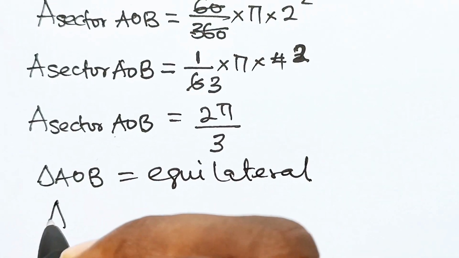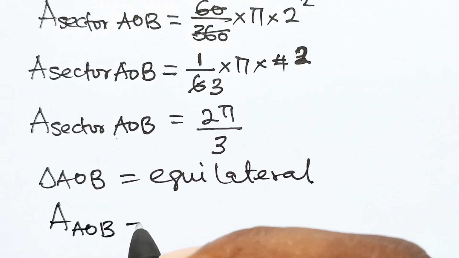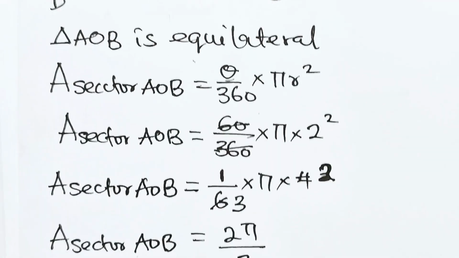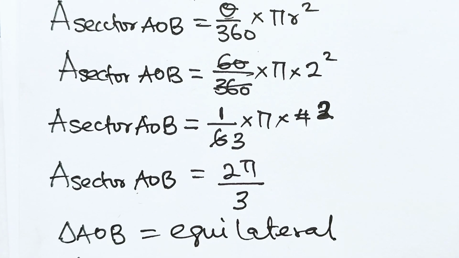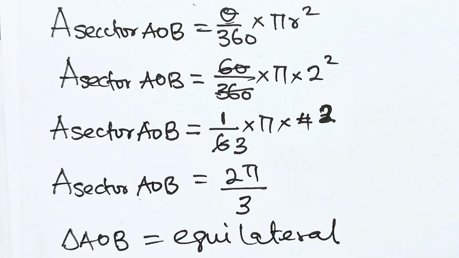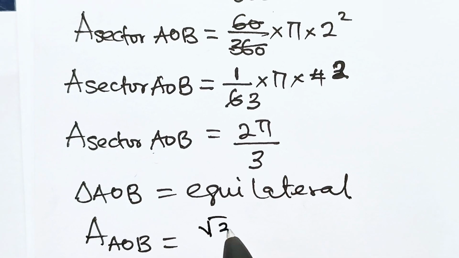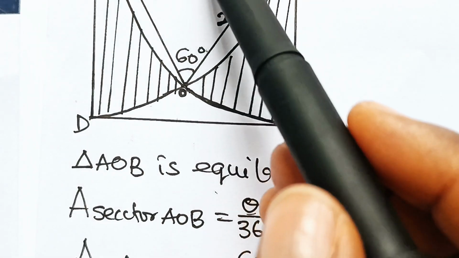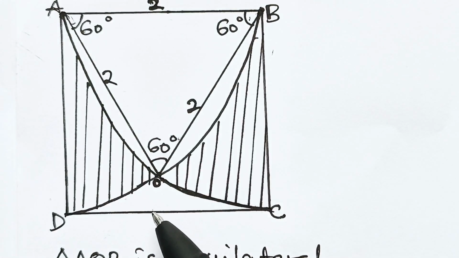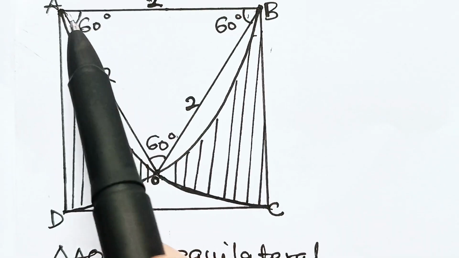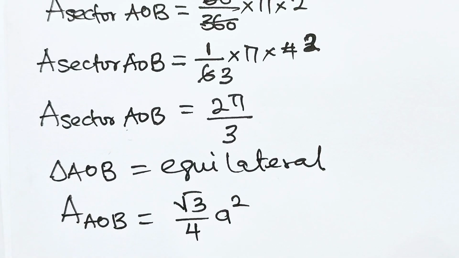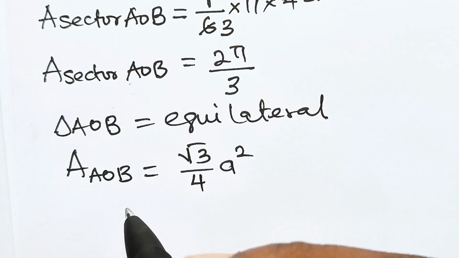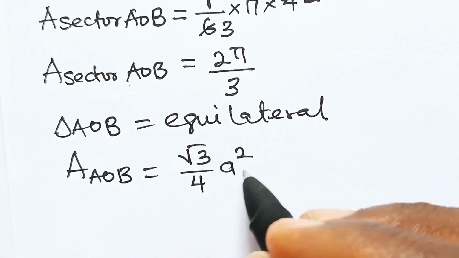Therefore, area of triangle AOB will be equal to, the area of an equilateral triangle is square root of 3 divided by 4 times a squared. You can still go ahead and find the height, and then use half base times height, but if you do that, you are still going to get the same thing, all right? Where a is the side.